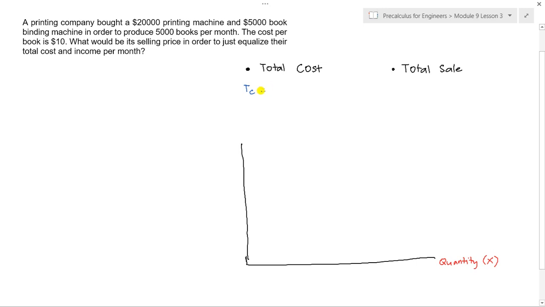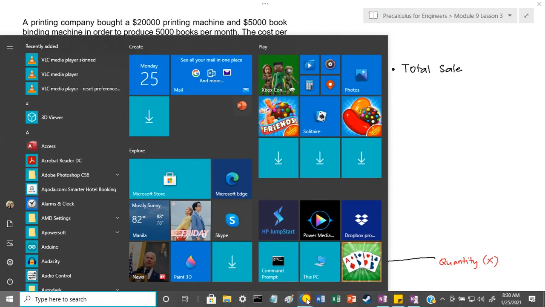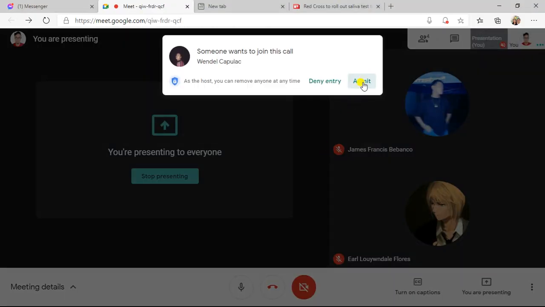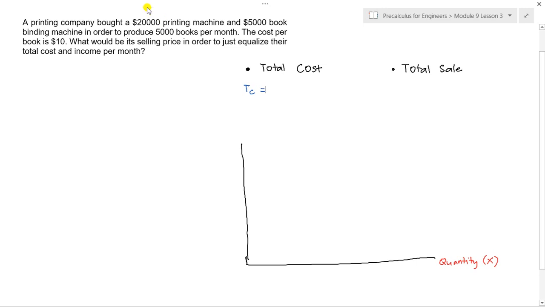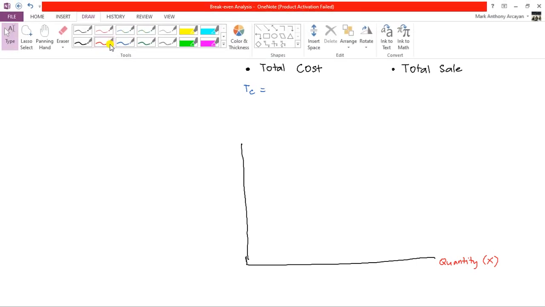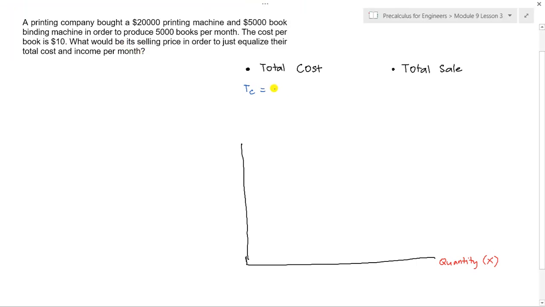Total cost, in business, let's say you start a chicharon business. First you build an establishment, buy machinery for cooking your chicharon. Of course, that is called the initial cost or fixed cost, so you have fixed cost, FC.